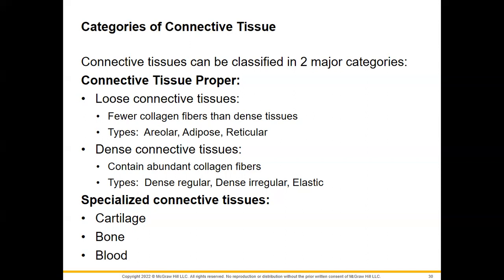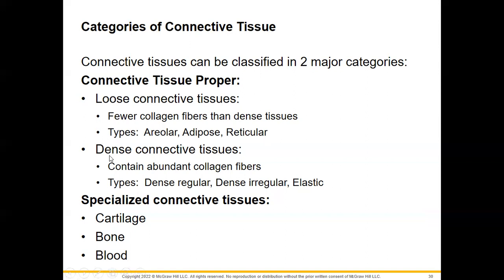So with your loose connective tissue, you have fewer collagen fibers than in the dense, obviously, because it is loose. So less collagen fibers than in your dense tissue. And the types of loose connective tissue are going to be these: areolar connective tissue, adipose tissue, and reticular tissue.